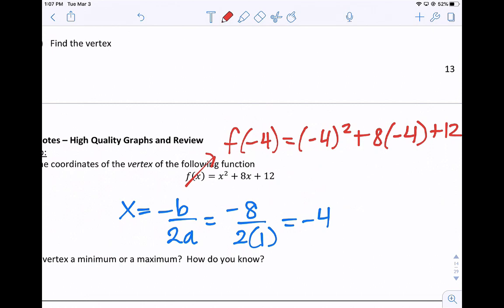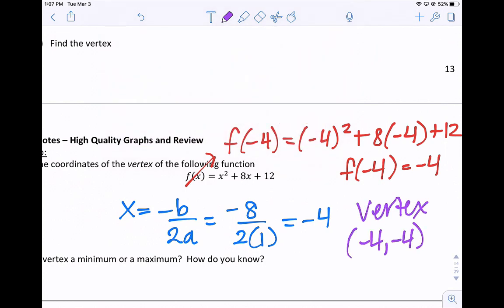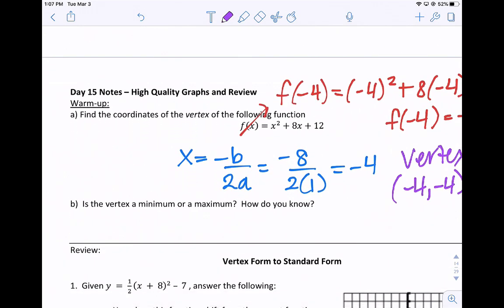Okay, now I get negative 4 as well. So f of negative 4 equals negative 4. And so our vertex would be at the coordinate negative 4, negative 4. Next question, is it a maximum or a minimum?